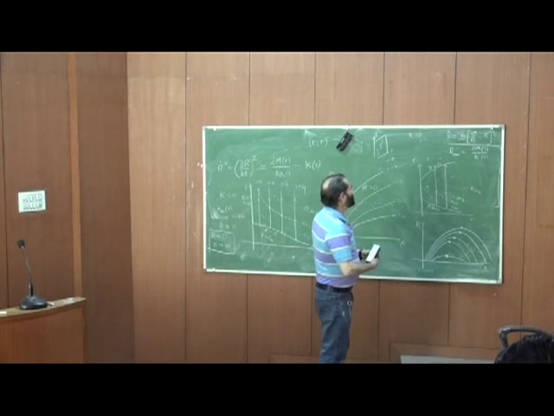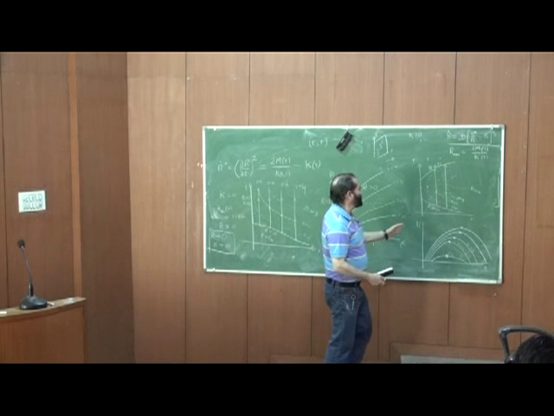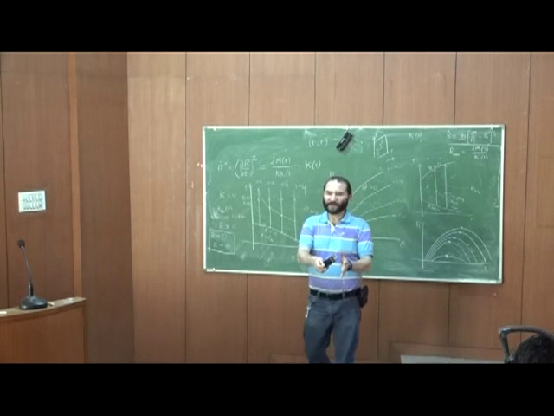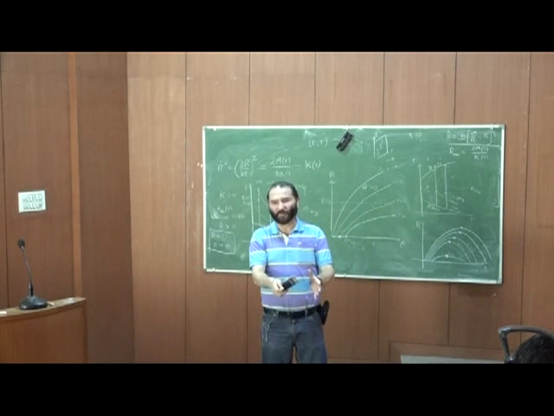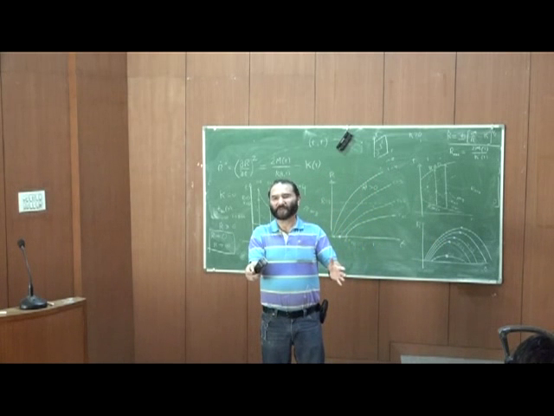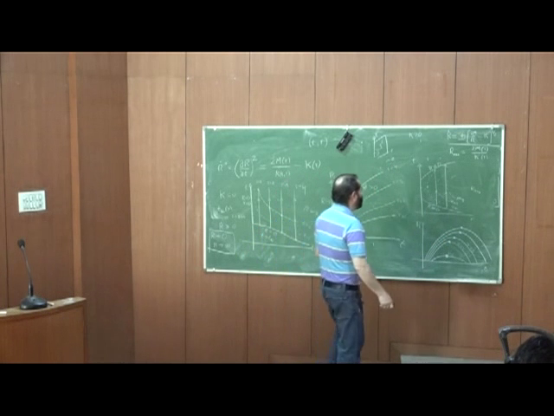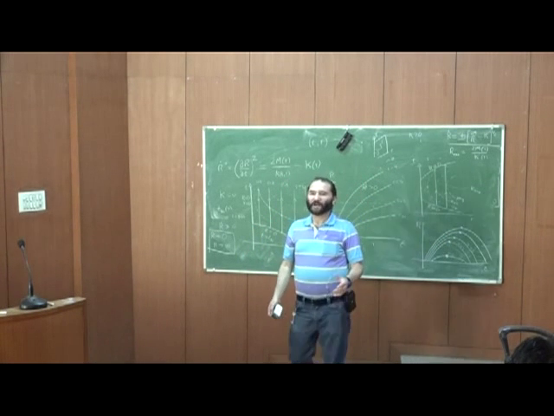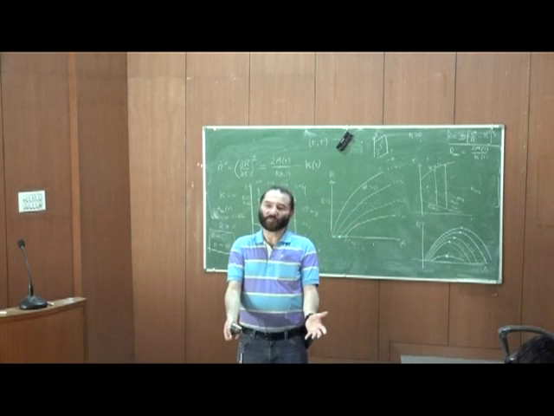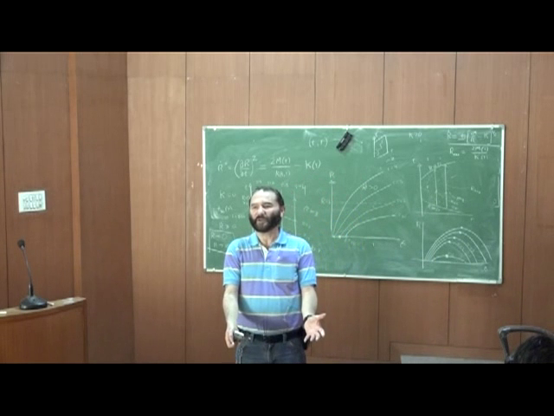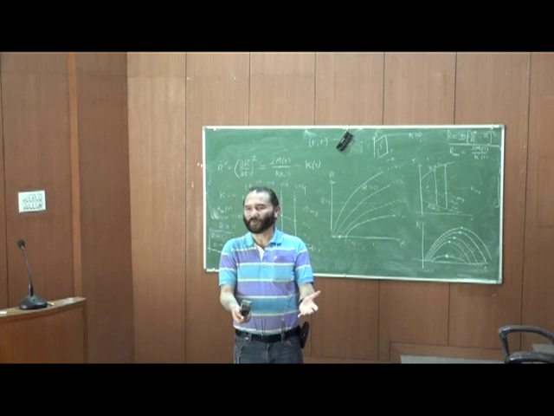That means that r dot will be positive for some of the time. It will be 0 and then it will be negative, right? So when it is positive, that means that all the observers started from R equals 0.